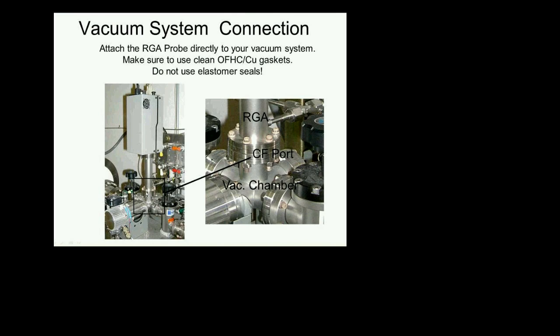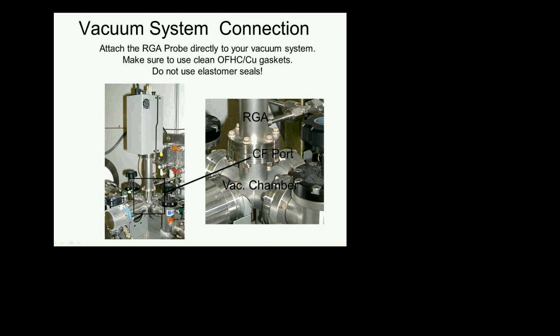I cannot say this enough times: when you connect a residual gas analyzer to a vacuum system, at all costs use conflat flanges and copper gaskets. If you can't, then so be it. But if you can, that is my recommendation.